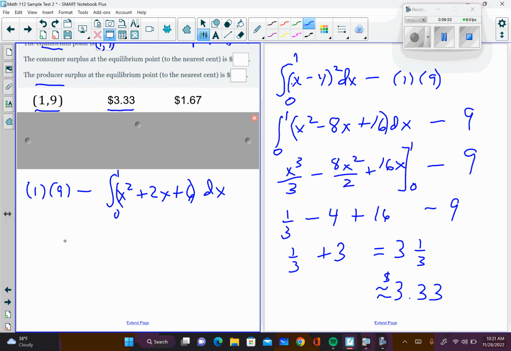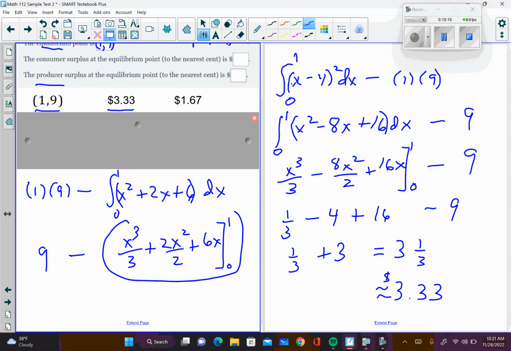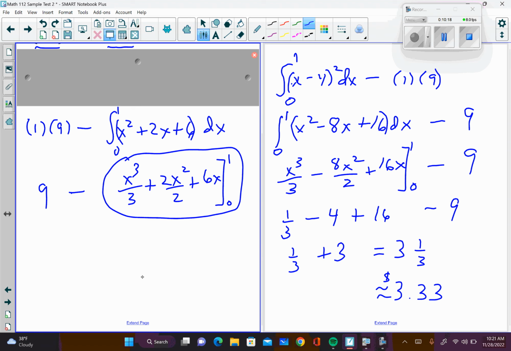The integral of x squared dx is x to the third over 3. Copy the plus, copy the 2. The integral of x dx is x squared over 2. Copy the plus, copy the 6. The integral of dx is just x, 0 and 1 attached. At the beginning of this formula, I have 1 times 9 minus whatever that comes out to be. So I replace all the x's with 1s. I have 1/3 plus 1. These 2's cancel. Plus 6.